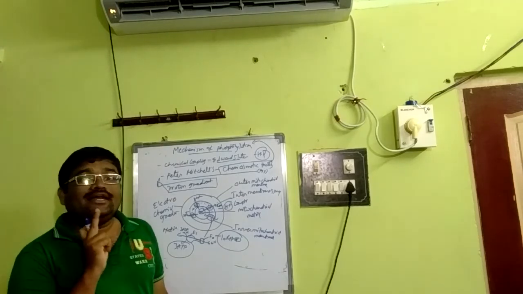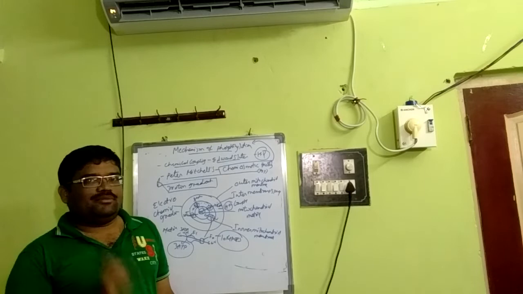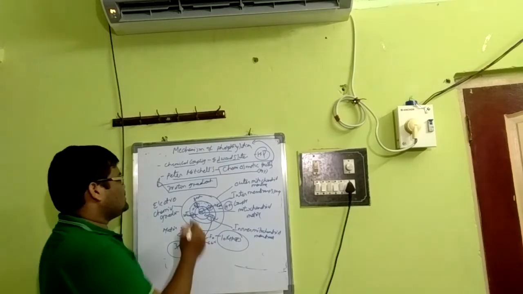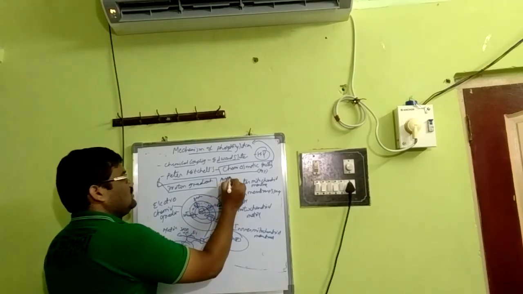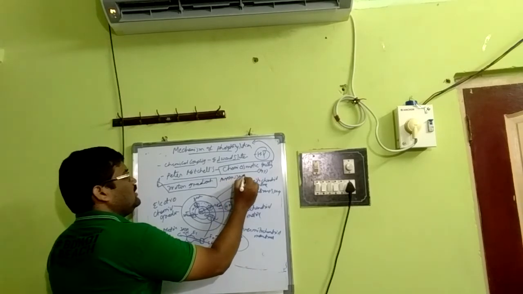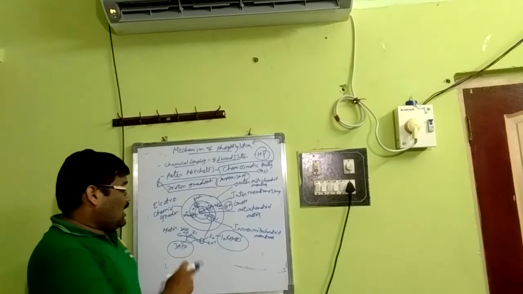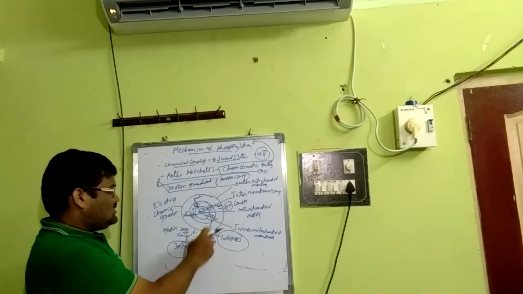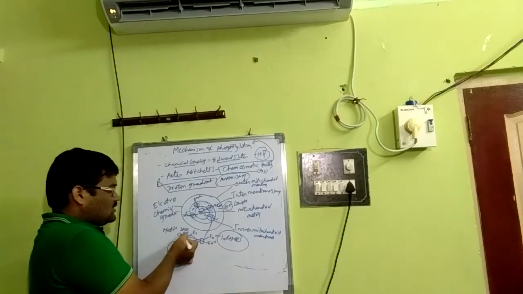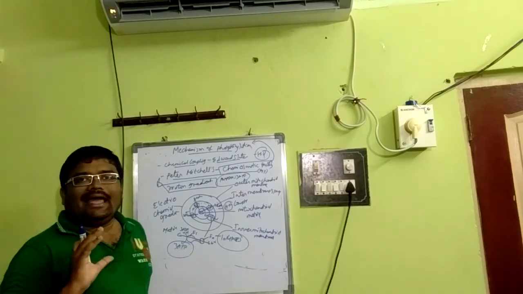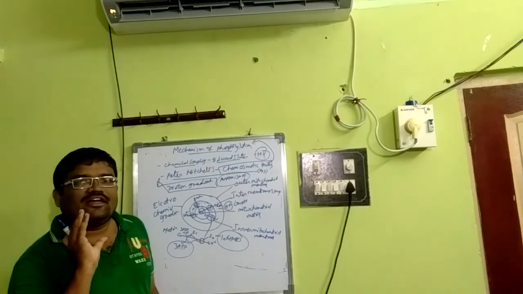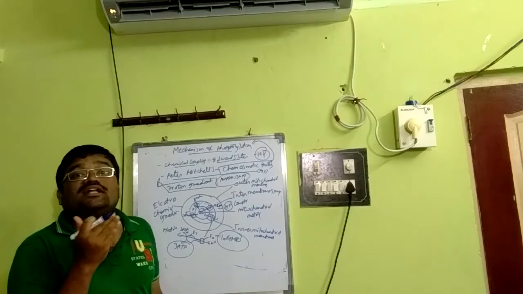That means one NADH leads to 3 ATPs. The concept is clear: one NADH leads to 3 ATP. So how does this process work? These 6 protons, when they go back to the matrix, rotate the F1 part, what we call the rotary mechanism, which we have discussed.